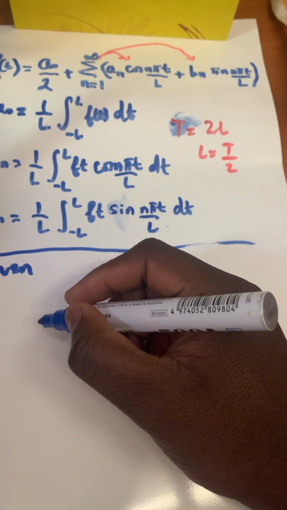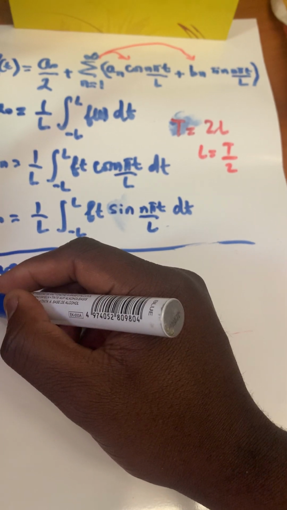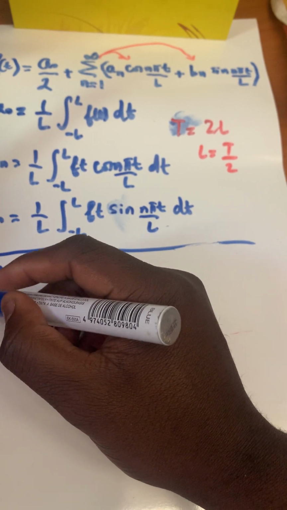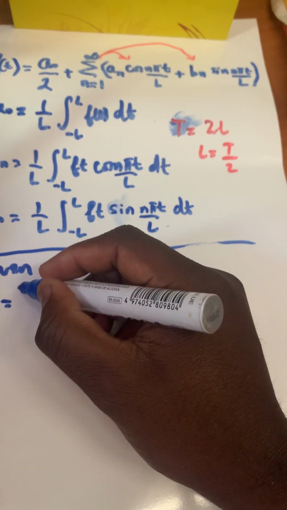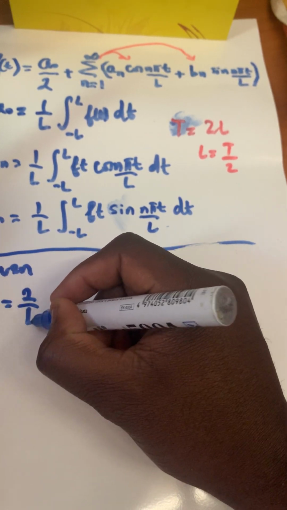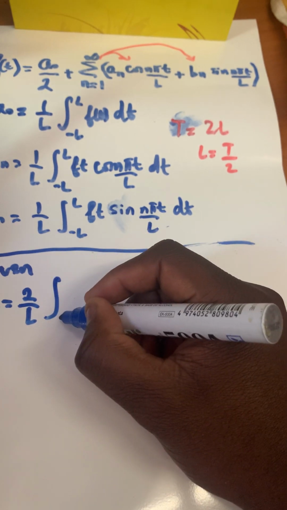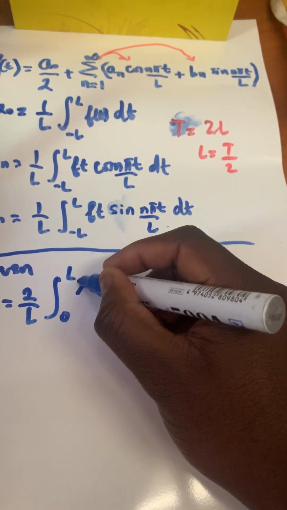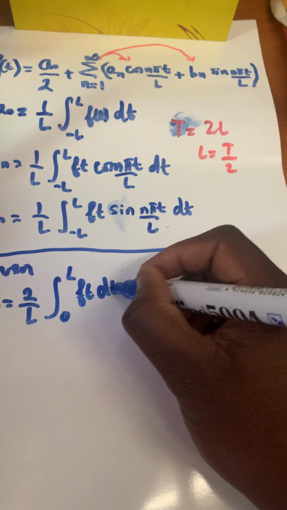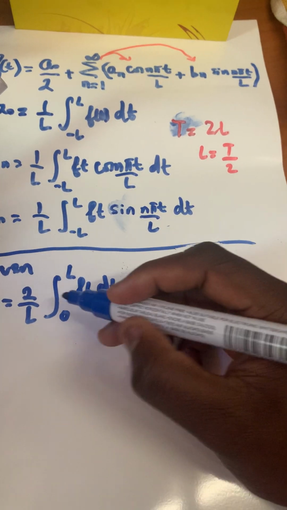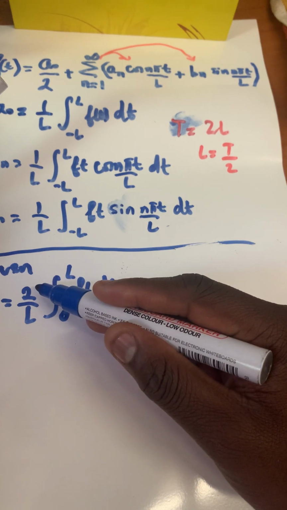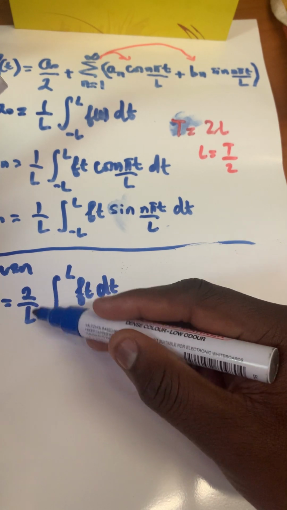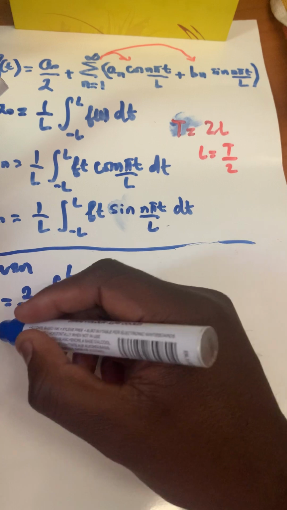When you are in an even function, your a0 is equal to 2 divided by L integral from 0 to L of f of t dt. Notice the limit is from 0 to L, and then we have 2 divided by L.